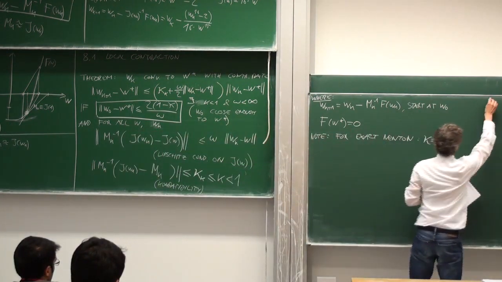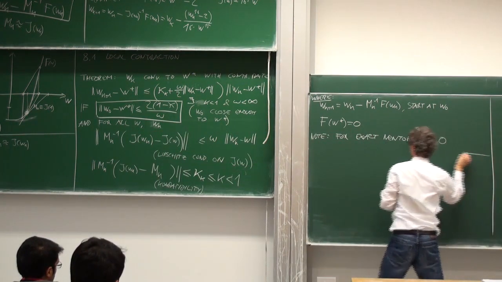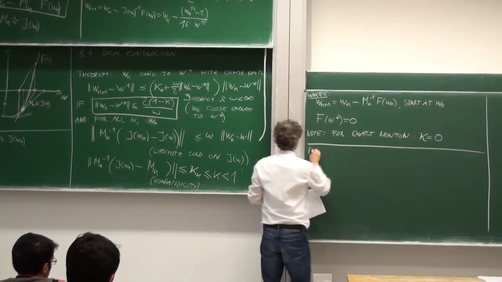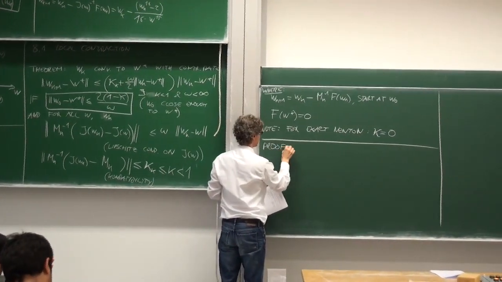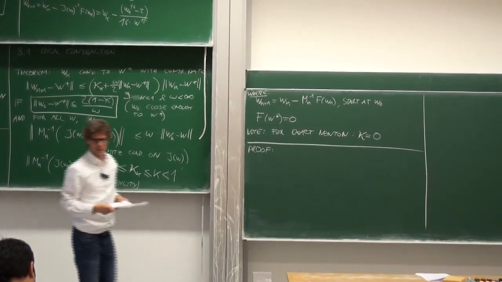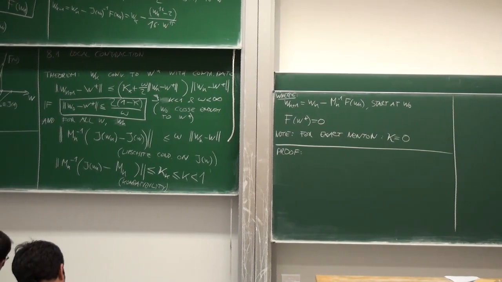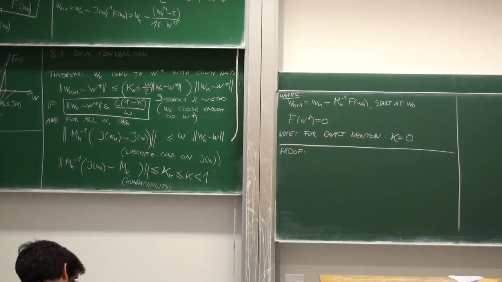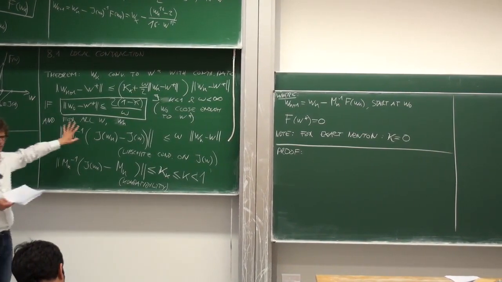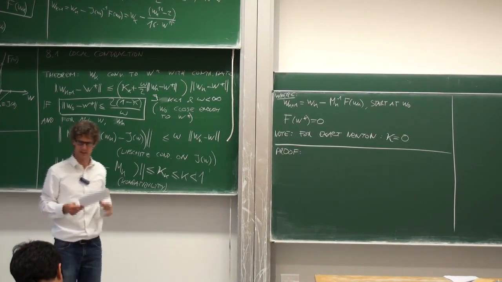And I want to do a proof, using these conditions, and which is relatively straightforward using basic analysis tools. And I should say that this is just one version of a theorem that was proven in different contexts by different people.